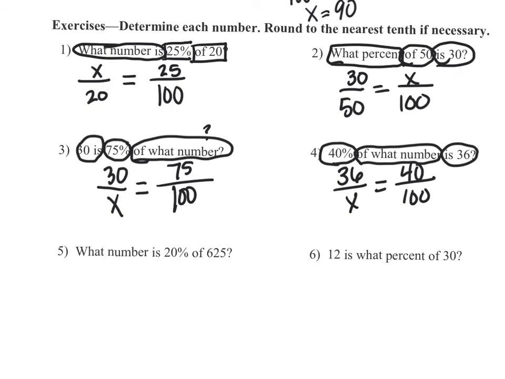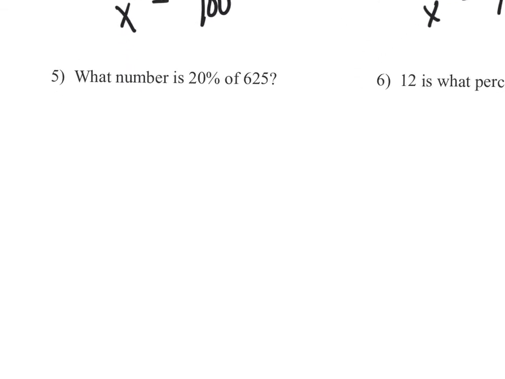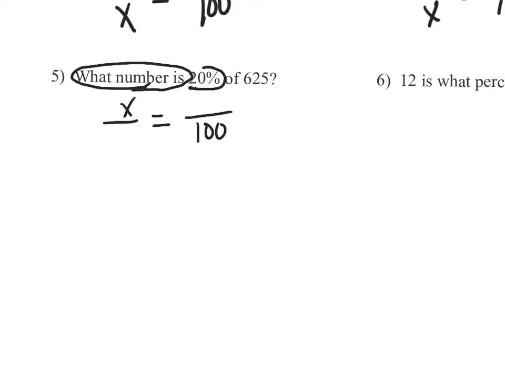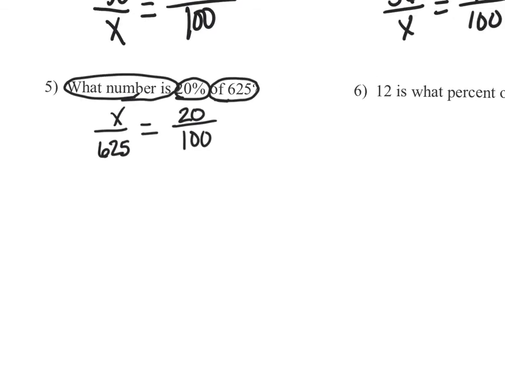So number 5. So we have our proportion. What number is our x. 20% is our percent of 625. Okay, x over 625 equals 20 over 100.